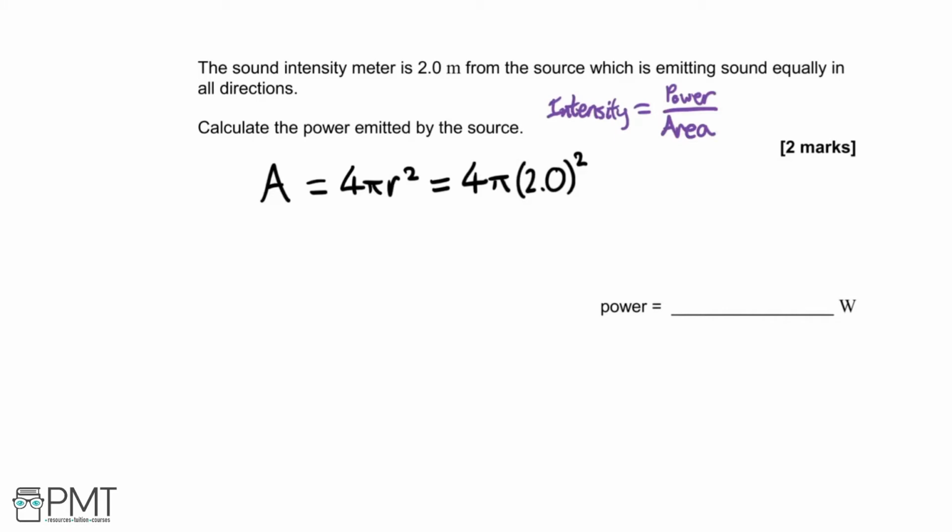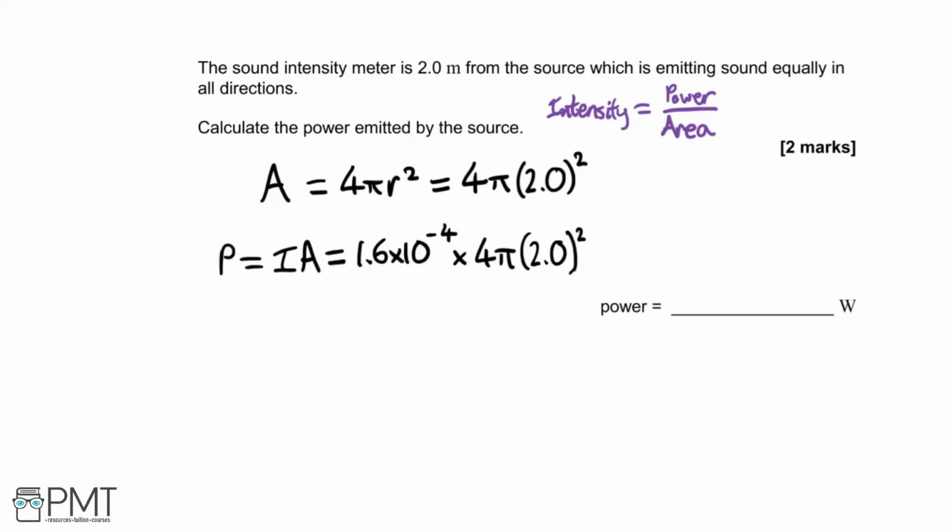So actually, if we're calculating power, we're going to need to multiply this area that we've just calculated of this surface by the intensity that we obtained in the previous question. Because by obtaining that area, we've got the total area that's detected that encloses that source of power. We know that each meter squared of that area is 1.6 times 10 to the minus 4 watts. That's what that intensity means. So we're just scaling that up to include the entire area.